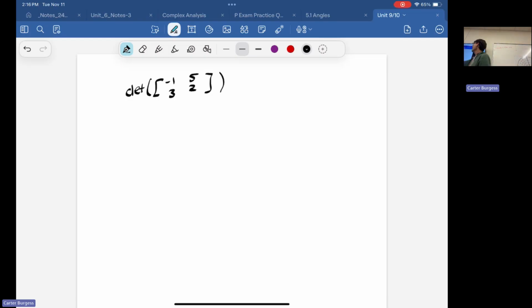We do A times D minus B times C. In this case, this would be -1 times 2 minus 3 times 5, which is equal to -17.